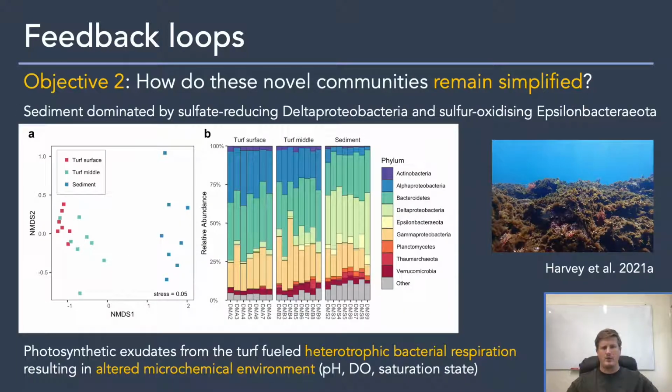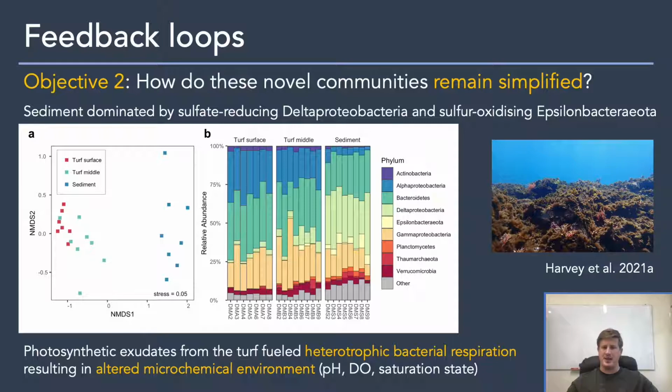So we wanted to try and get an understanding as to how it was that these changes in the microchemical environment were coming about. And so we also assessed the bacterial communities within the turf and sediment. And we saw clear distinctions within the sediment compared to the other parts of the turf, where the bacterial communities were mostly dominated by sulfate reducing and sulfur oxidizing bacteria that are indicative of the hypoxic and anoxic conditions.